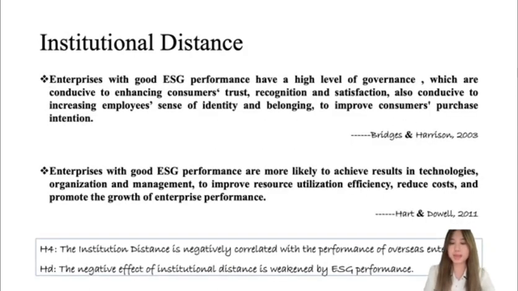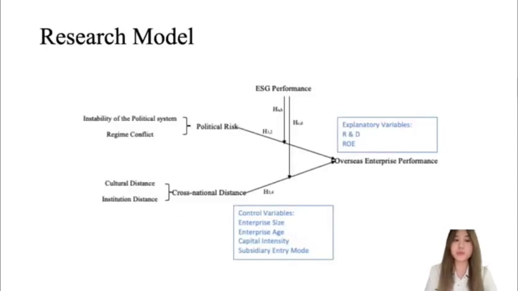So, hypothesis 4, the institutional distance is also negatively correlated. To sum up, considered with ESG, the negative effect of these 4 independent variables are all weakened by ESG performance. Therefore, we got this research model.